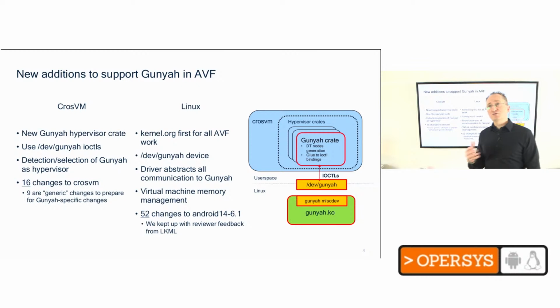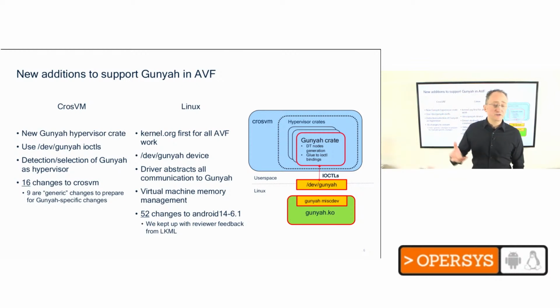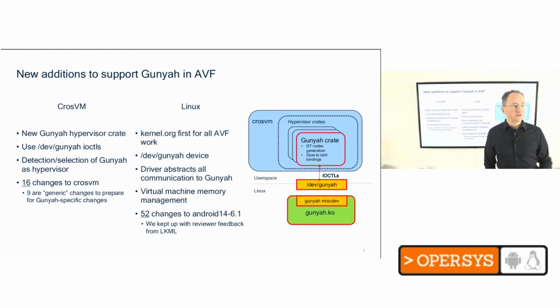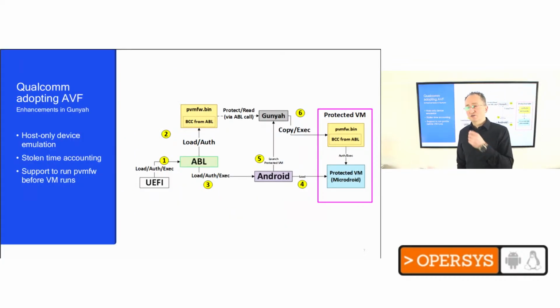Third-party hypervisor. Qualcomm has a hypervisor that they use called Gunya, which integrates into effectively what Google has for the Android virtualization framework. So instead of using Google's thing, they use the Gunya thing, and the explanation is how they're doing this.